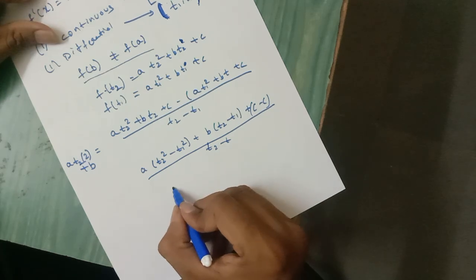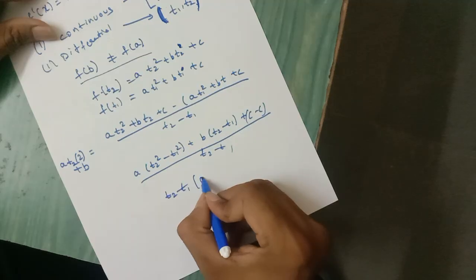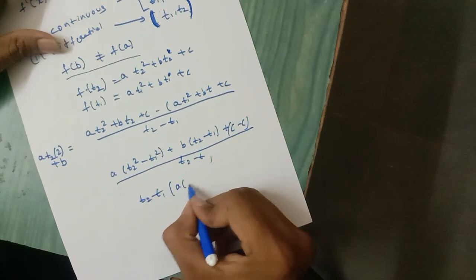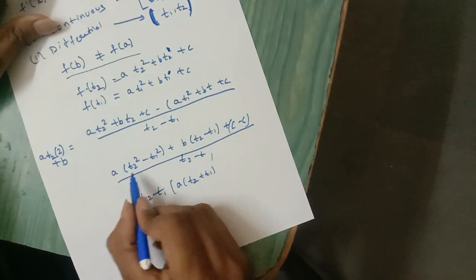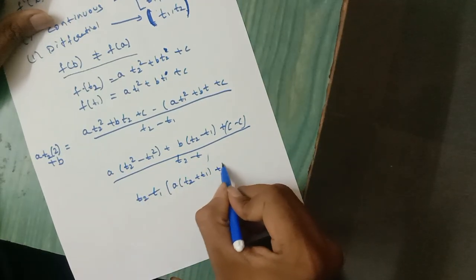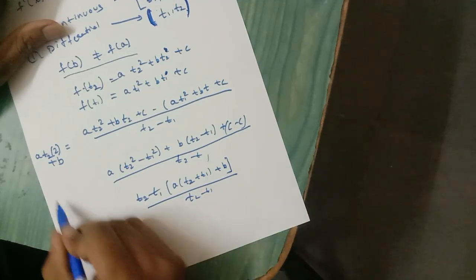Here if we take common t2 minus t1, a into t2 plus t1, using the a square minus b square formula, plus b, divided by t2 minus t1, and this here will be 2a t plus b.